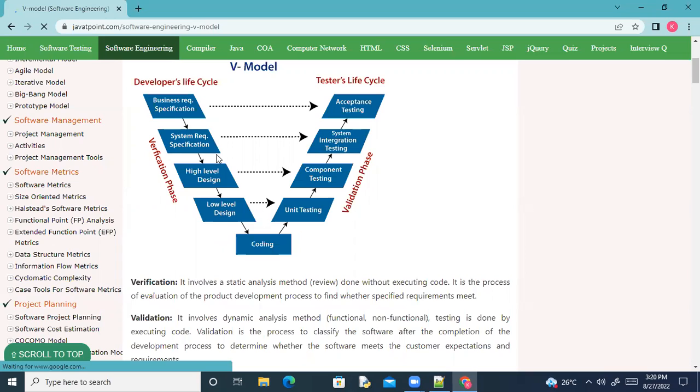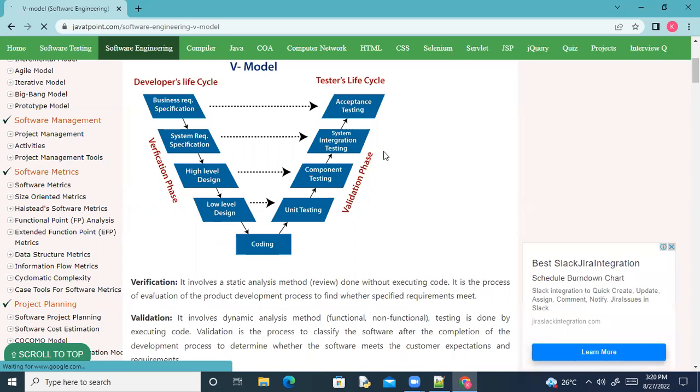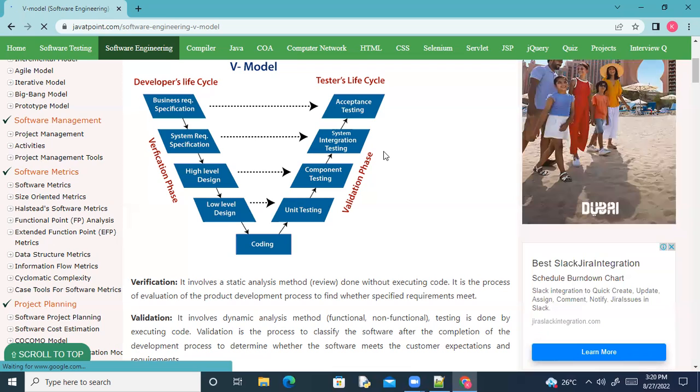Requirement specification and analysis, low level design and high level design happen in designing as well, and then we develop it by coding. After writing the code, unit testing will be done, then component testing, system integration testing, and acceptance testing.